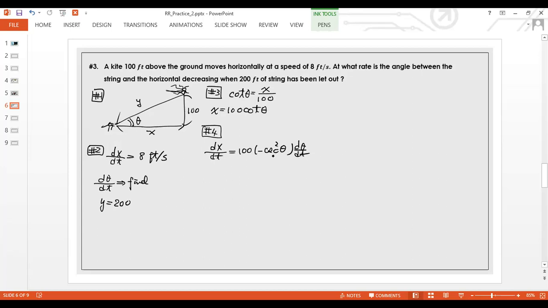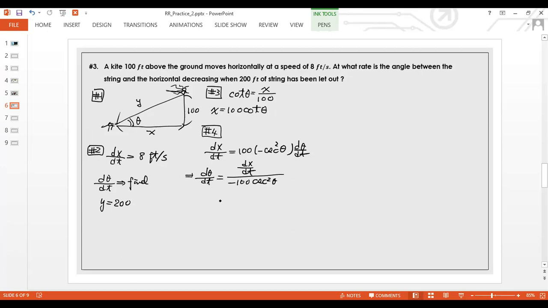Okay, so now we want to find the d theta/dt, right? So d theta/dt is equal to negative cosecant squared theta over 100, times dx/dt. Am I right? Yes. Okay.